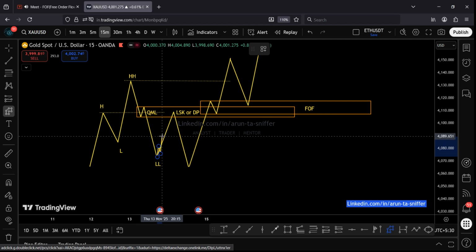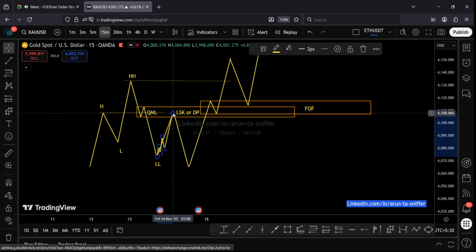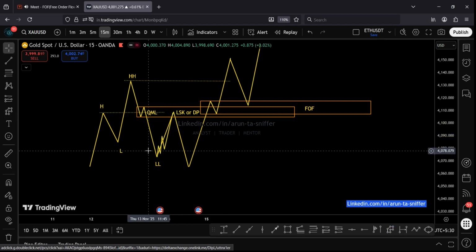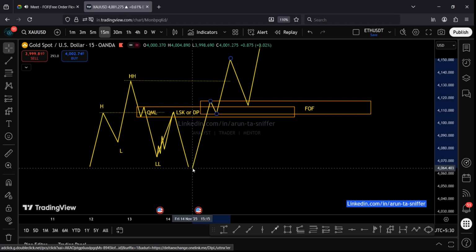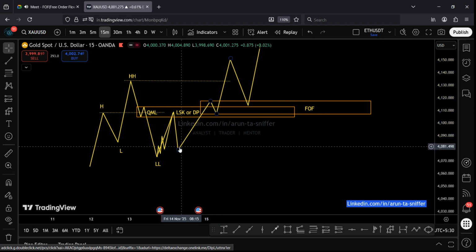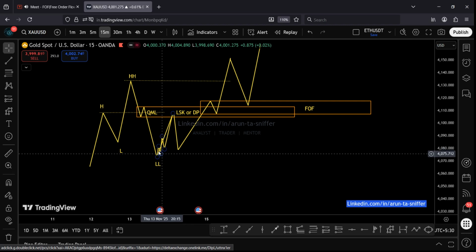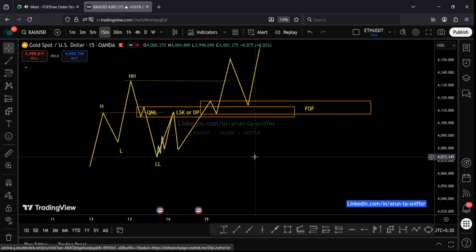Or it may go up a bit and come back to this level, then go up, and then ORFL will be created here, right? So price may come here, like this, and like this, and then go up again. If price has reached ORFL or OR, our minimum target has already been reached, right?